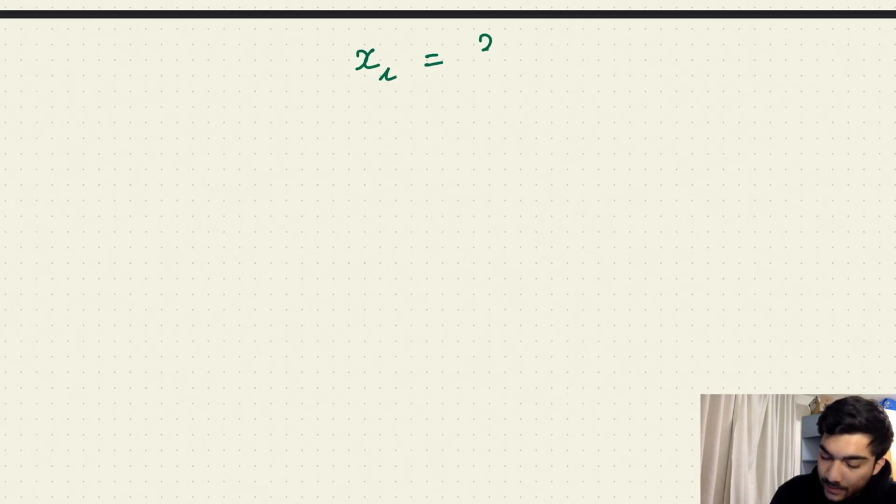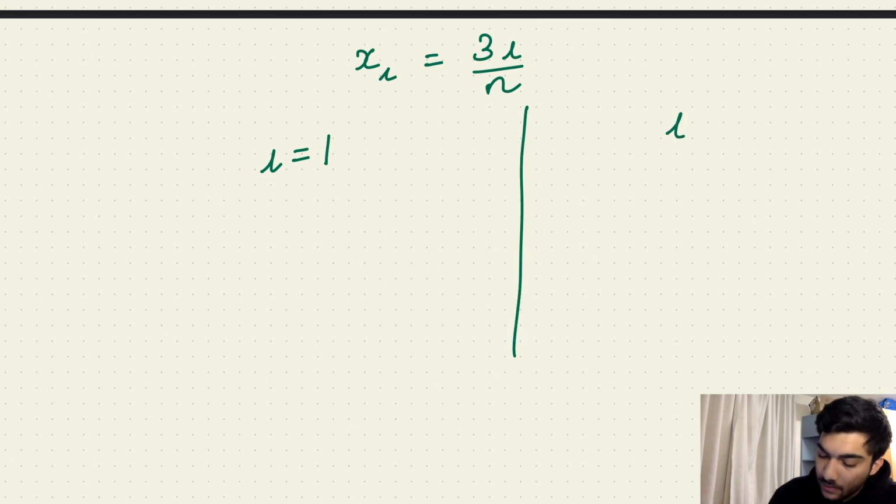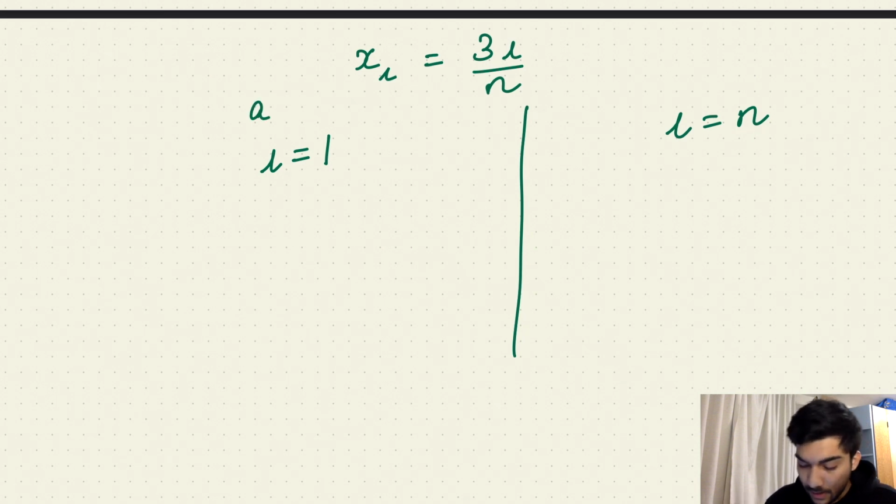So let's do that. In order to calculate the endpoints, you'll first write xi, which is 3i by n in this case. You'll write the endpoints of i, which are i equals 1 and i equals n, right? The starting value of i will give you a, and the ending value of i in the sigma notation will give you b.